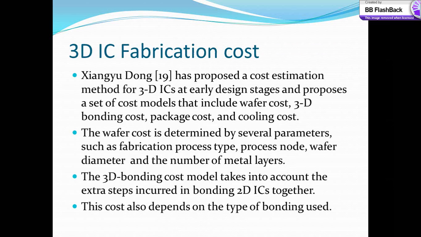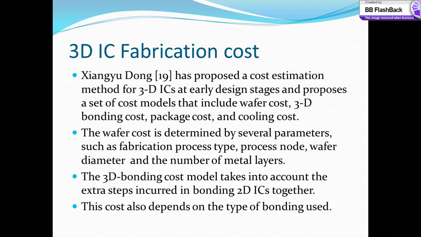And then fabrication cost is another important thing that we have to take care of when we do any design, because we want to know if design of 3D chips is actually worth doing. So there are a lot of extra costs that come into the picture when we go from 2D to 3D.